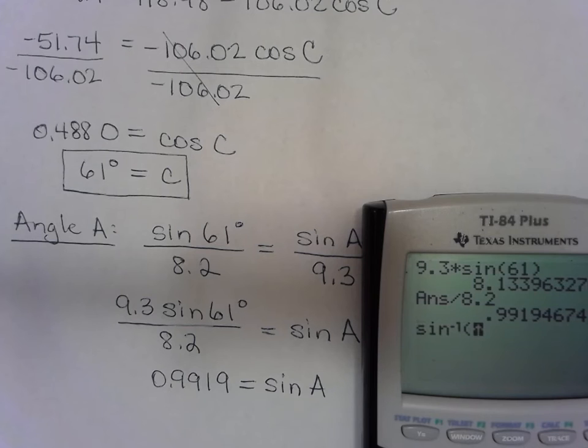Inverse sine. And we're going to do two significant digits. So we're going to say 83 degrees.